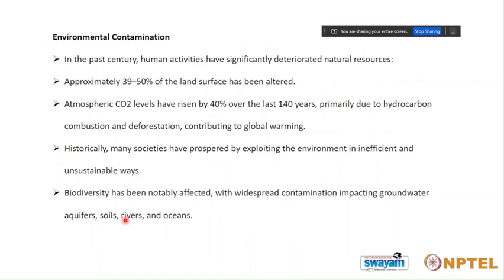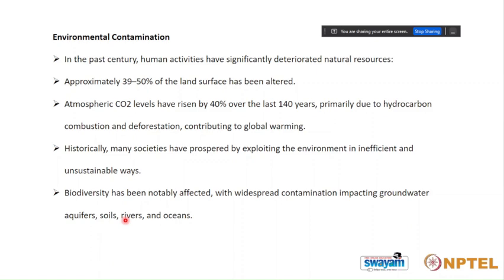So what is the need for bioremediation? Basically, not to mention, human activities have greatly affected the environment, with approximately 39 to 50% of land contaminated. And in terms of atmospheric contamination, CO2 levels have risen up to 40% over the past 140 years.